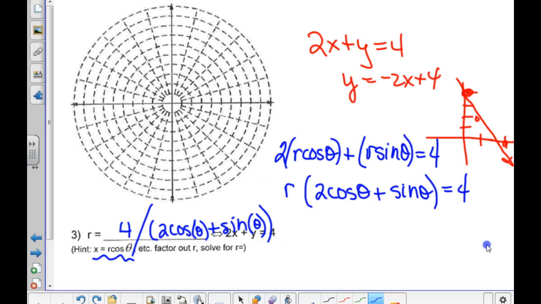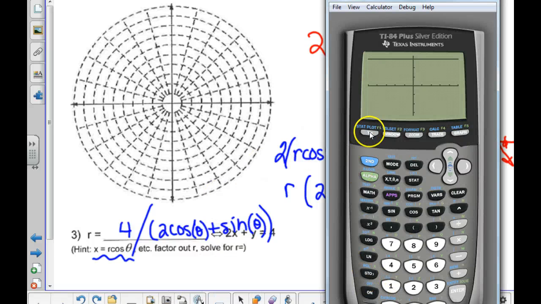We know what that line's supposed to look like. Let's see if we can get the calculator to graph it in polar mode. Four divided by parenthesis 2 cosine theta, close parenthesis, plus sine theta.